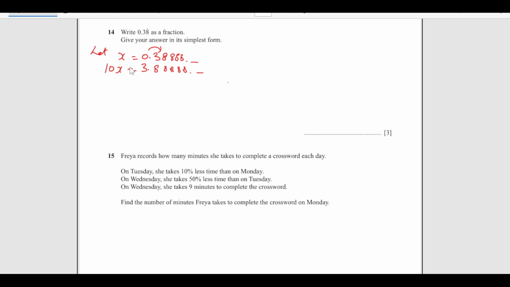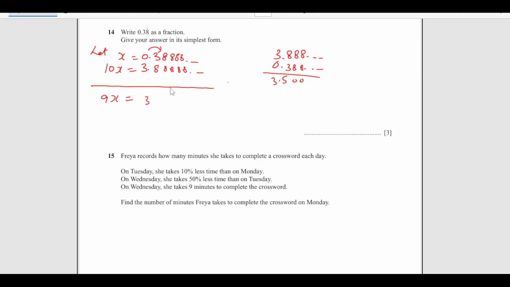Now when we subtract, 10x minus x is 9x, and similarly here, 3.88 something like this, minus 0.388 like this. So this is going to become 0 all around. 8 minus... 3.5 actually.